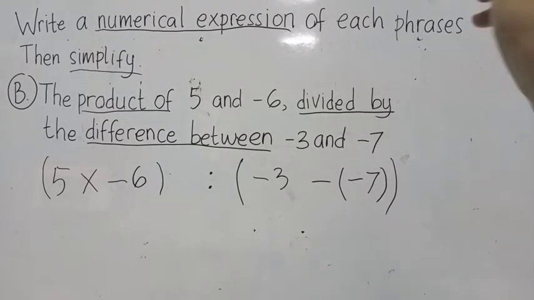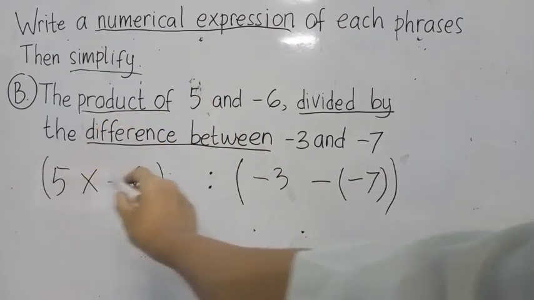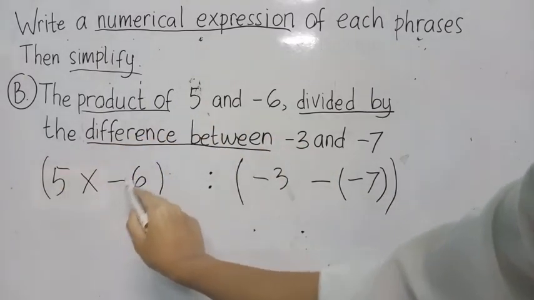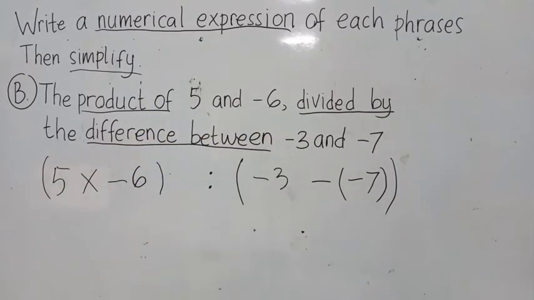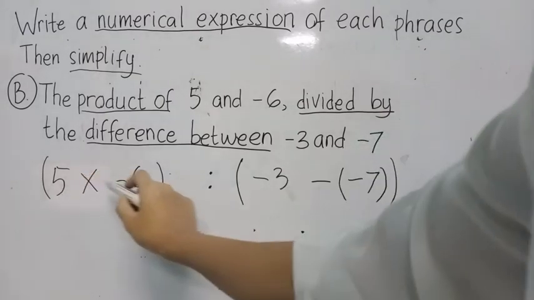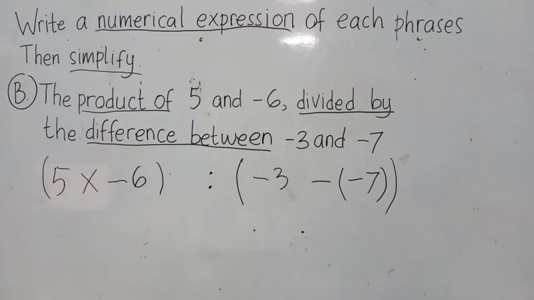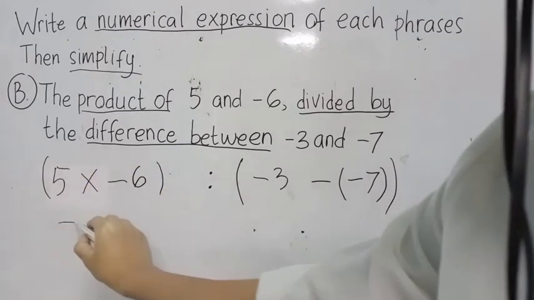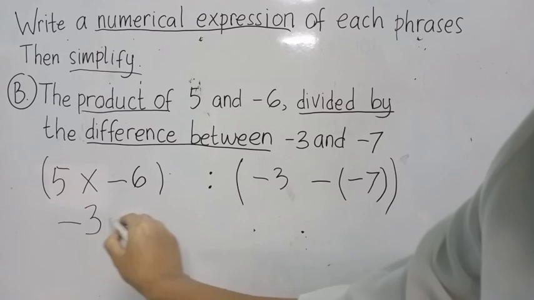Okay, next let's simplify. Let's find the answer from this numerical expression. 5 times negative 6. Can you find it, students? Positive times negative. I give you time to find it. Okay, positive times negative equals negative 30.